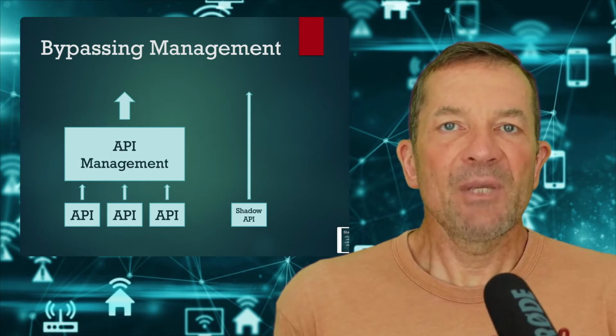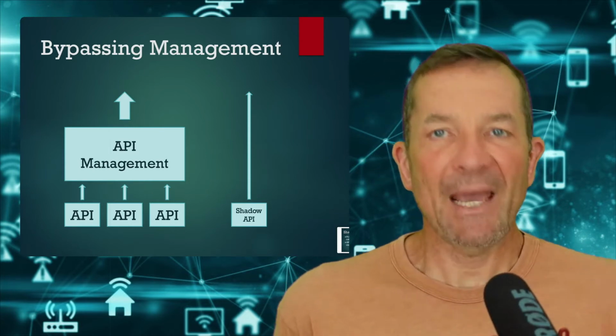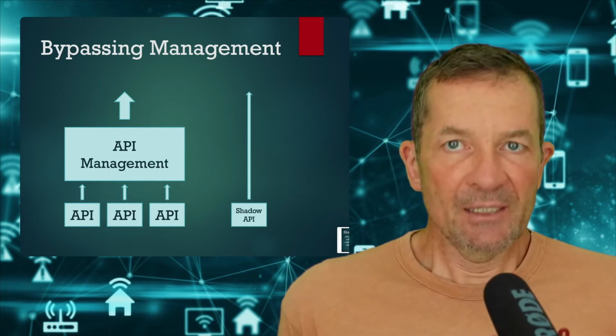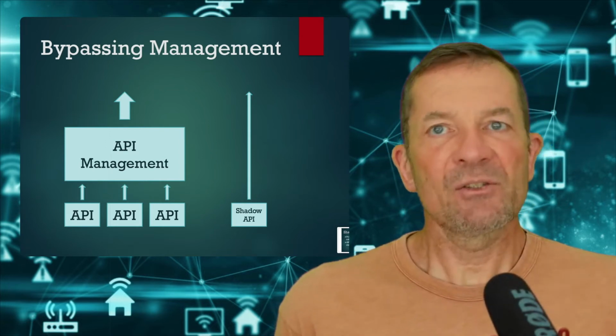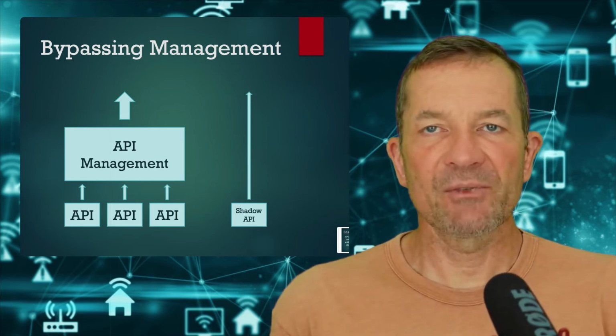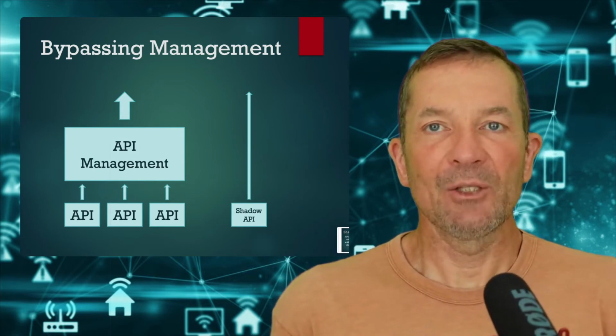And your typical APIs will go through this infrastructure. They will be managed through this API management. The API management then is controlled by API governance, where there are certain rules being put in place, how we treat, for example, different types of APIs. And all of this works well. This is how we do it.